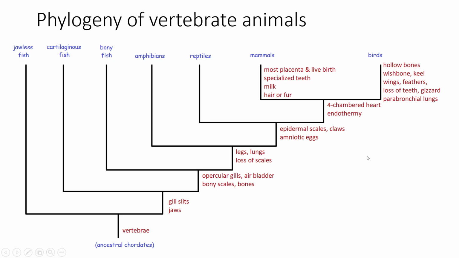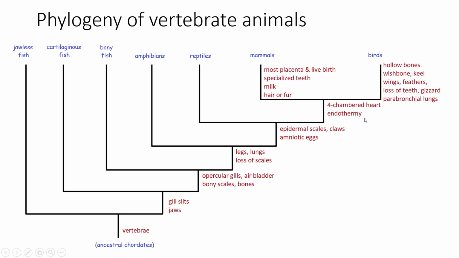And so you can also see, similar to the transition that plants had from life in water to life on the land, a similar thing happening with the evolution of vertebrate animals. Amphibians are partially dependent on the water. They have to lay eggs still in the water or in moist environments, or they dry out. And reptiles, where they have the amniotic eggs and the dry epidermal scales of their skin that are watertight, can survive on land. Reptiles also developed claws.